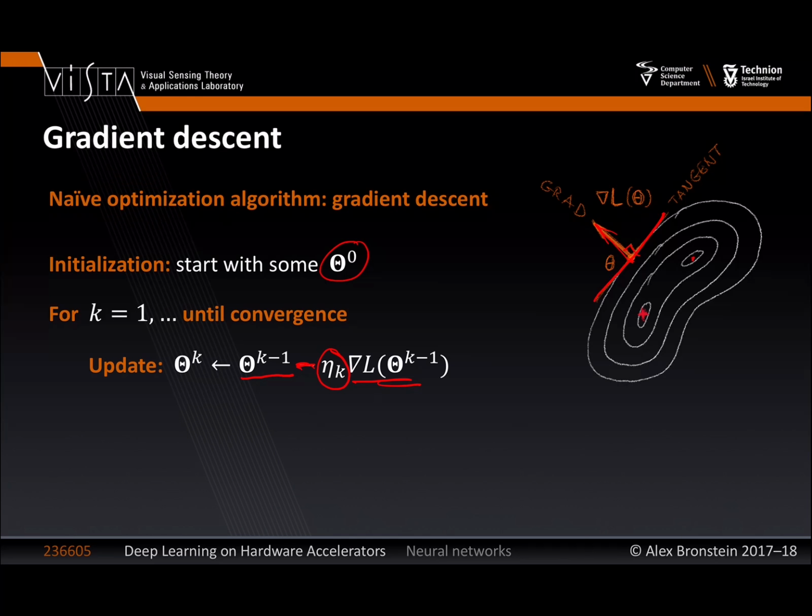Basically, you're going to do some kind of trajectory like this in this landscape. This is the gradient descent algorithm, very naive, very simple. Of course, you can ask how you select the step size. We'll try to answer these questions with some tiny amount of rigor and a lot of hand waving and heuristics.